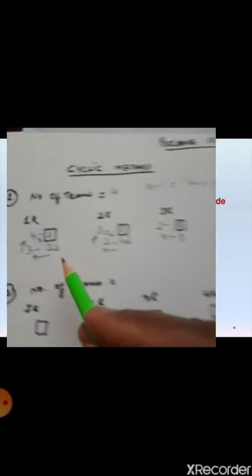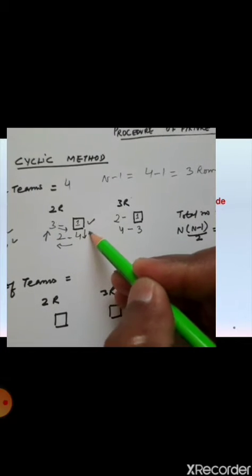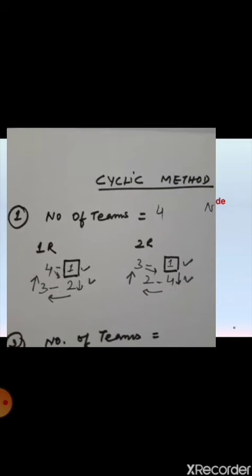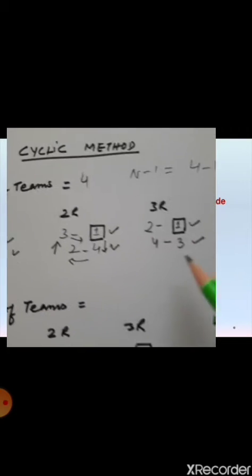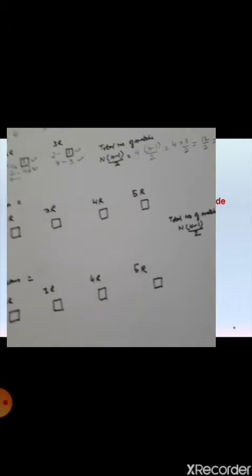All right, let's calculate the first match, second, third, fourth, fifth and sixth. So like this the matches are calculated and the fixture is drawn, which is called the cyclic method for the league tournament.